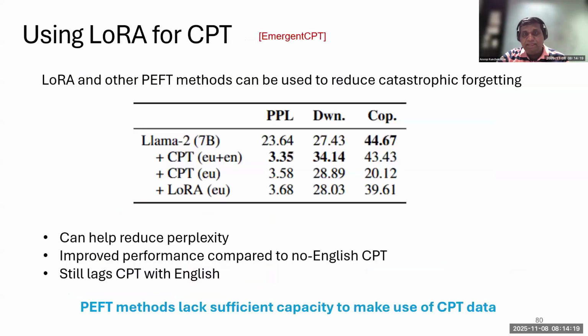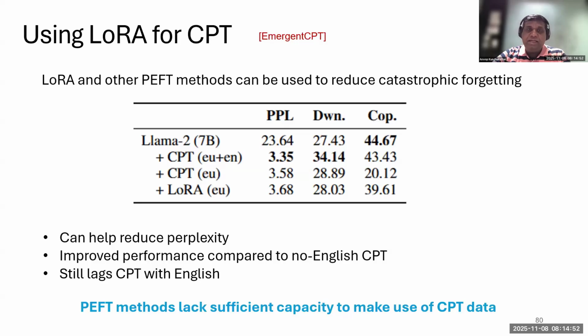So how can we mitigate this? Clearly there is a big change in parameters, which is not desirable. An obvious thing is to look at LoRA or other parameter efficient methods, which can be used to reduce catastrophic forgetting. Is that useful? Yes. That can help reduce the perplexity and give improved performance for the non-English languages compared to no English CPT.